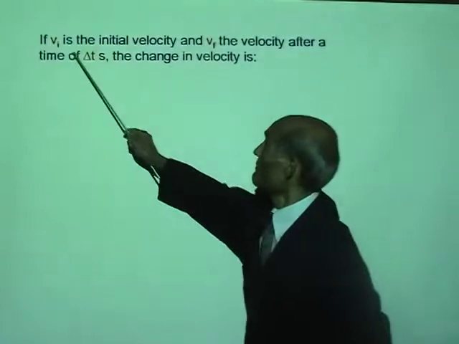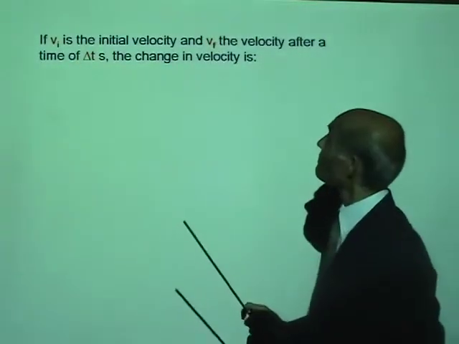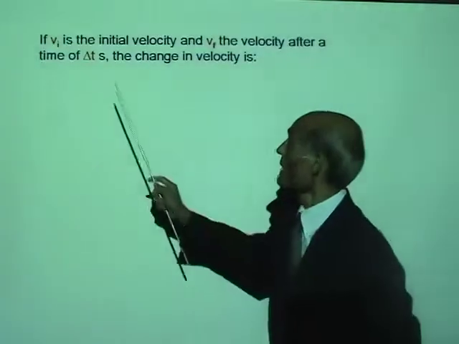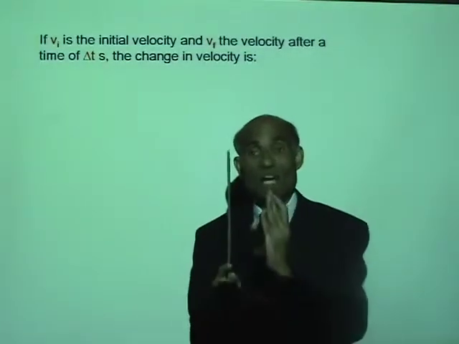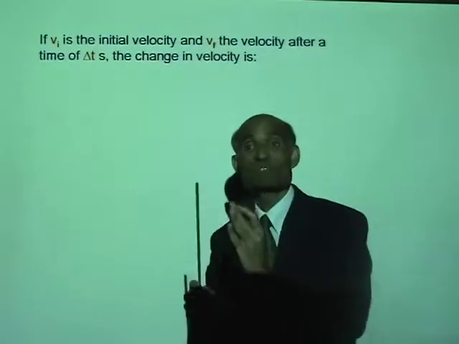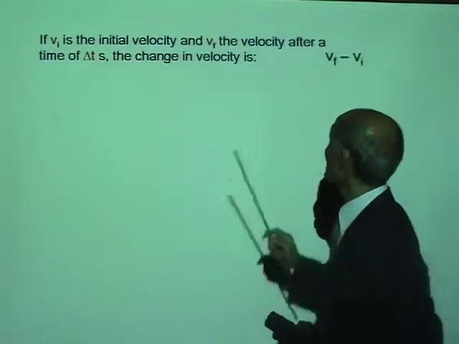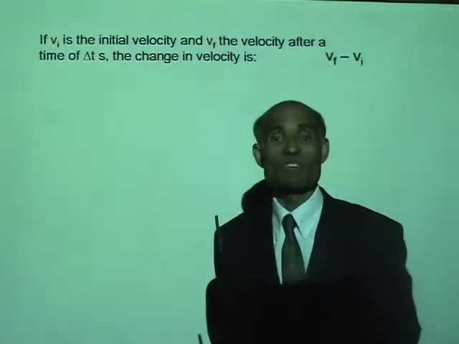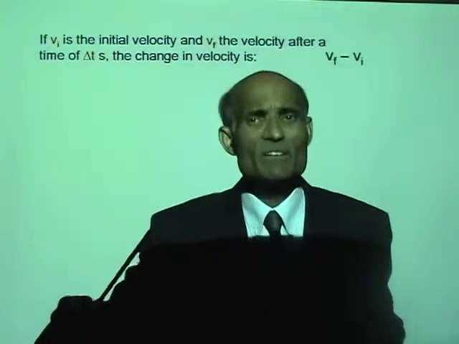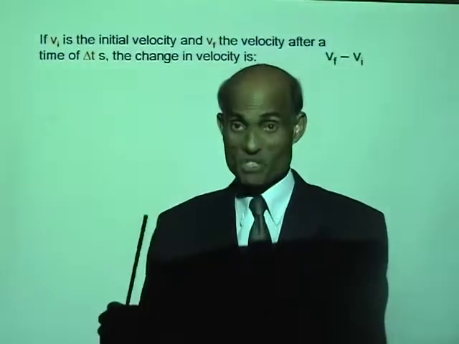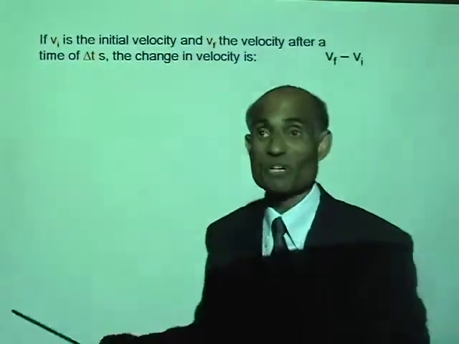Now, if Vi is the initial velocity and Vf is the final velocity, and I'm going to use this delta t as the time, the small change in time. So, our change in velocity is Vf minus Vi, and shall we call it delta V? Well, you know what delta V stands for. Delta V is the change in velocity.